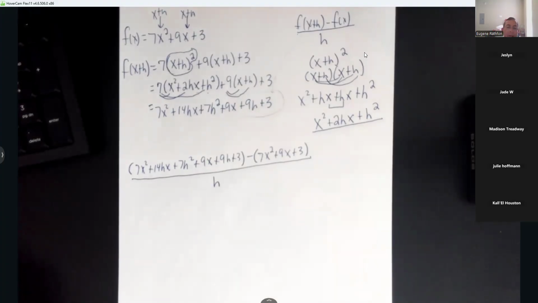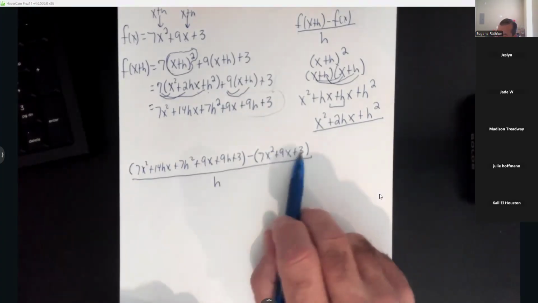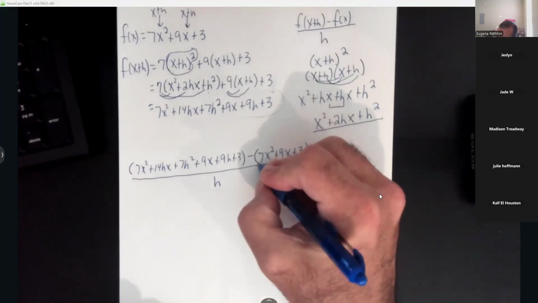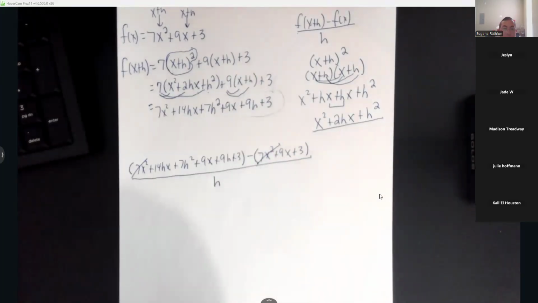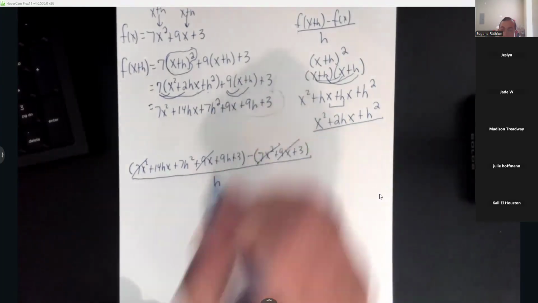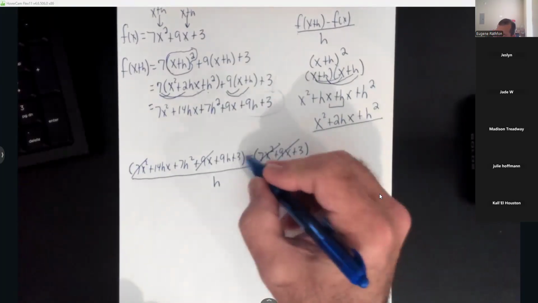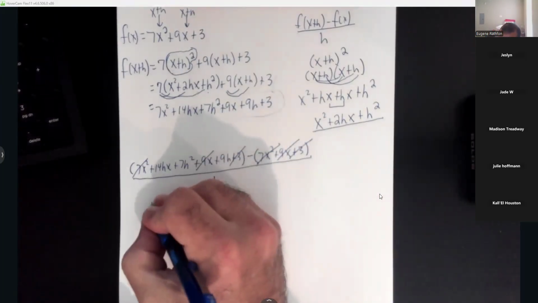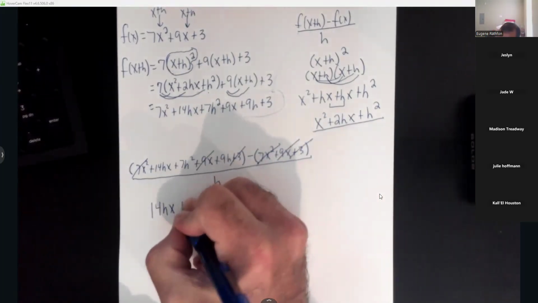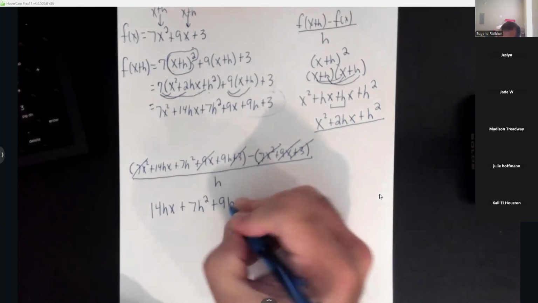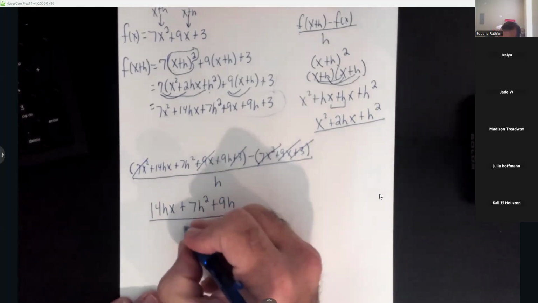Now, I ain't gonna lie, what I do at this point, I'm going to cancel out these three terms with the three terms over here that match. So that 7x squared is being subtracted. It subtracts that one away. This 9x is being subtracted. It cancels with that positive 9x. This 3 is being subtracted. It cancels with the 3. So all that's left is 14hx plus 7h squared plus 9h all over h.